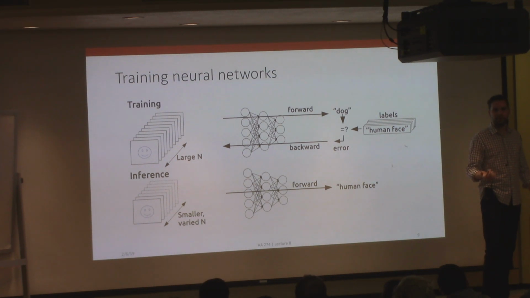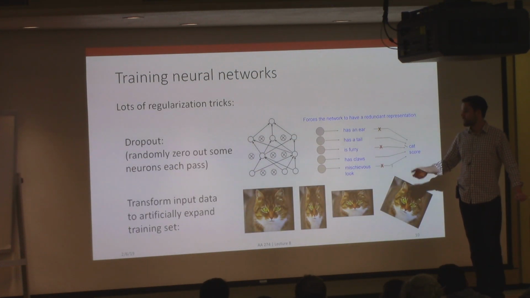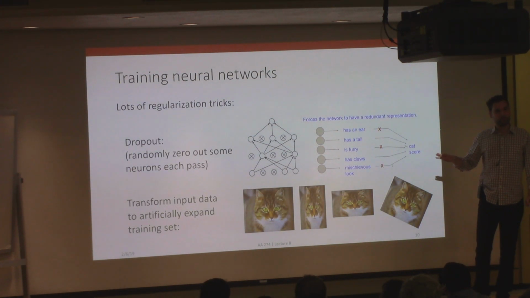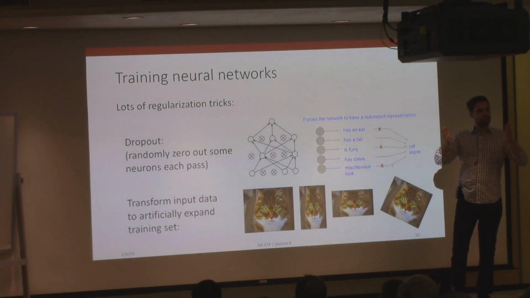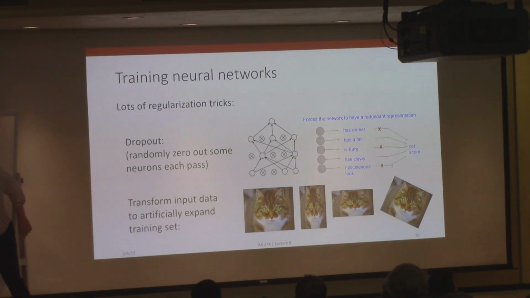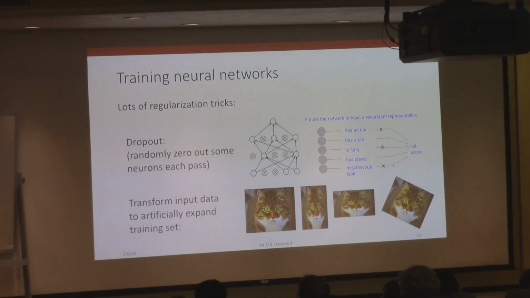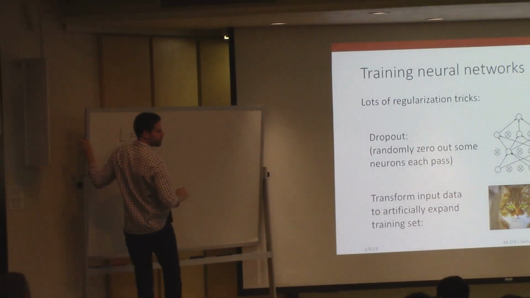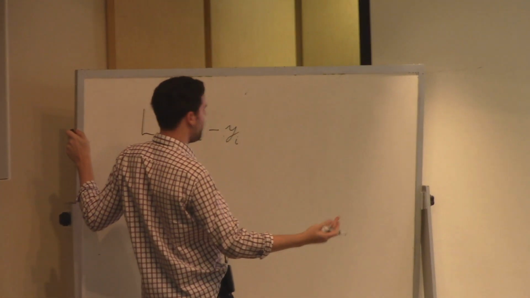So how can we combat overfitting? If you remember before, we looked at methods of regularization. The same methods of regularization apply to neural networks. We added an L2 loss on the weights. In a parametric function, an L2 loss, which looks like this, is just the loss for one training point. We take our output, y_i, which I'll mark with a hat for the predicted output, and compare it with the ground truth y.